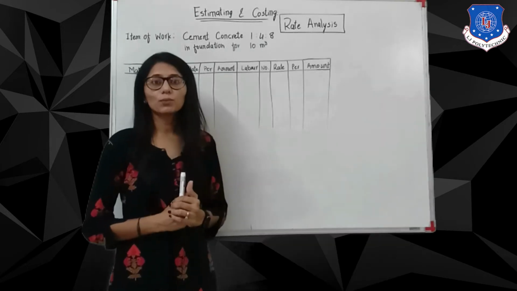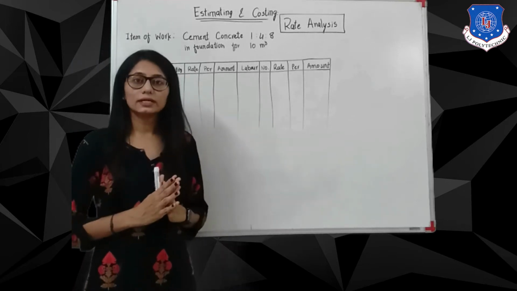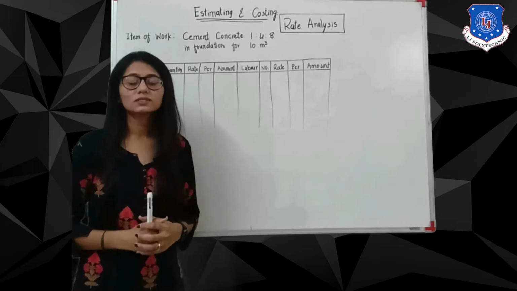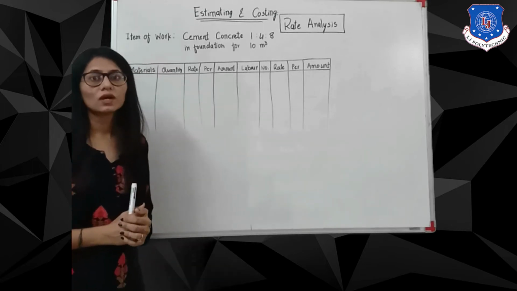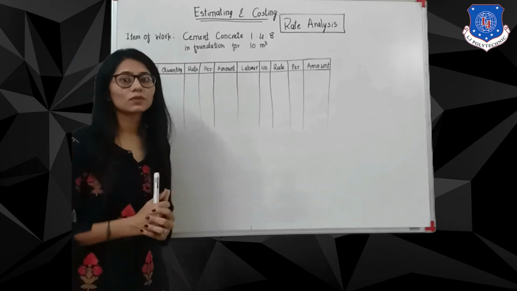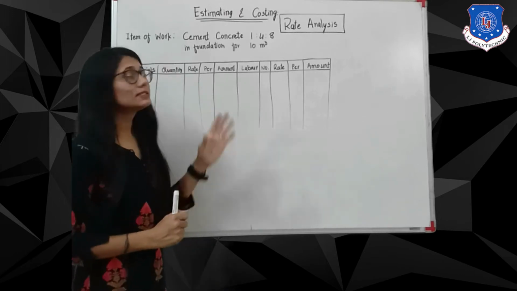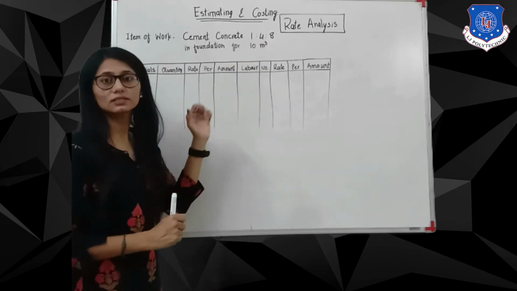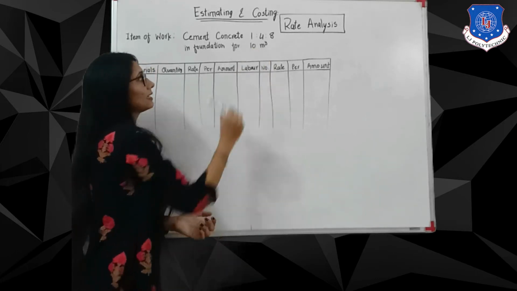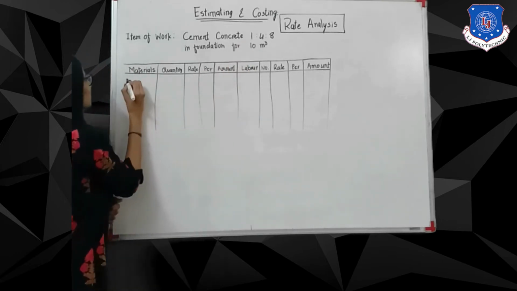As you can see on the board, I have already made a table. We require a particular table for this calculation. We're going to calculate two types of terms in the calculation of cement work. The one is materials and the second term is labors. First we'll start with the material calculation. We already have the ratio of the materials, which is cement, sand and aggregate. So I'm going to add the materials as per the sequence.